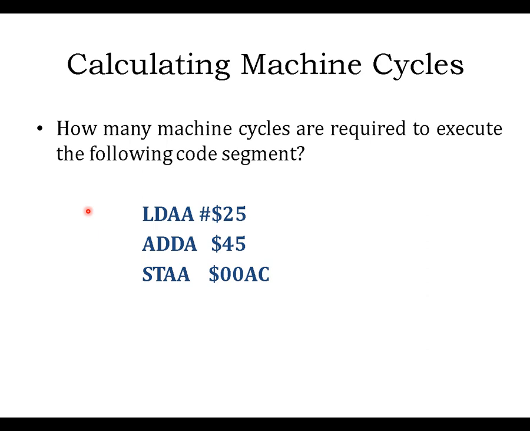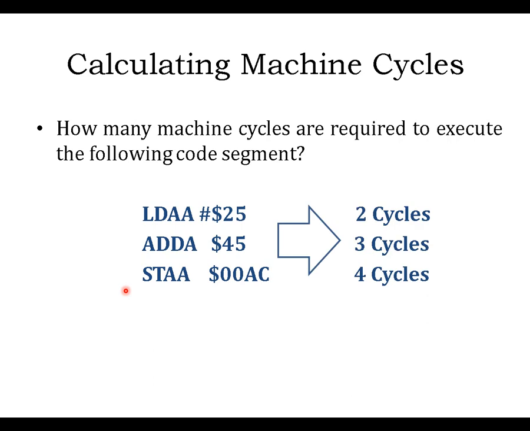Now all you need to know here is the addressing mode of the different lines. If you check your set of instructions, and check column 7, you will see that the first line is immediate, line 2 is direct, and the third line is extended.